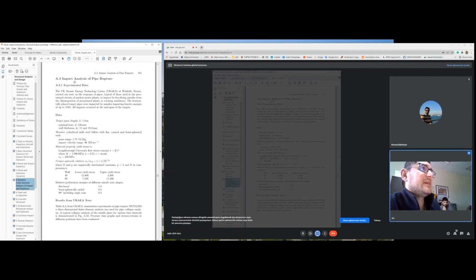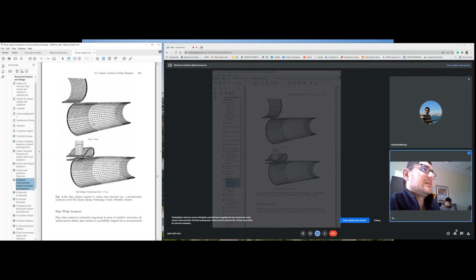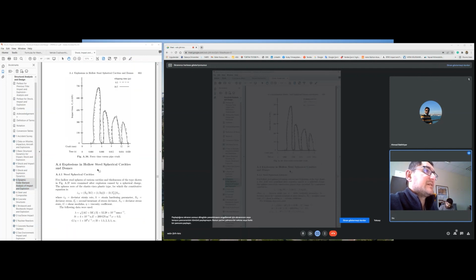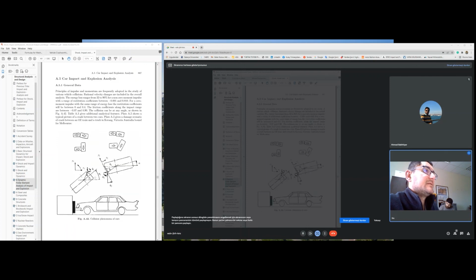But A.3, impact analysis of pipe rupture. Maybe we can use some data from here. This is for bending impact. Let's continue. Pipe whip analysis, it said. Explosions, let's pass.